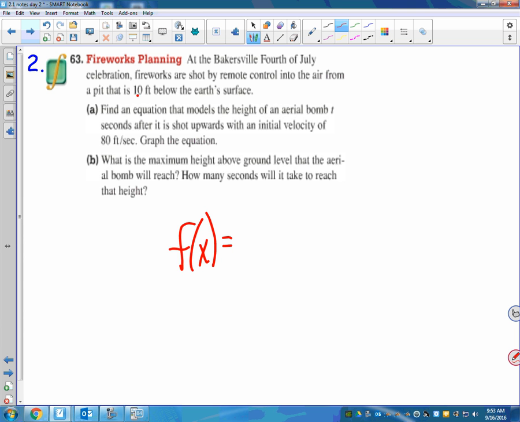So we're talking about feet here. So because it's feet, I know it's going to be negative 16 t squared because negative 1/2 times 32 feet per second, plus v sub 0 t plus s sub 0. V sub 0 is your initial velocity.